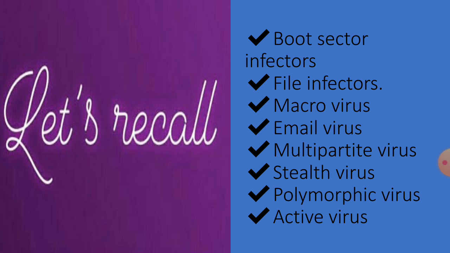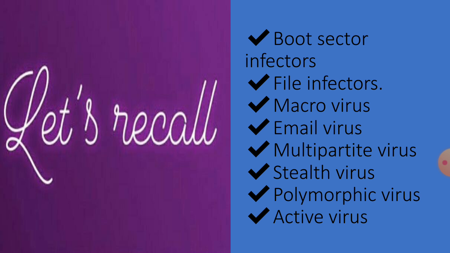Next is stealth virus. Stealth virus infects files without increasing their size or damaging the files. This virus kills or deletes the task associated with antivirus before it detects them. The virus forces the hard disk head to read another memory sector instead of its own.